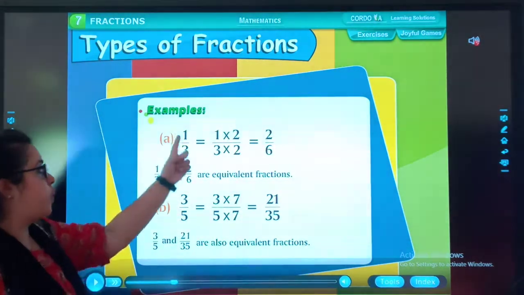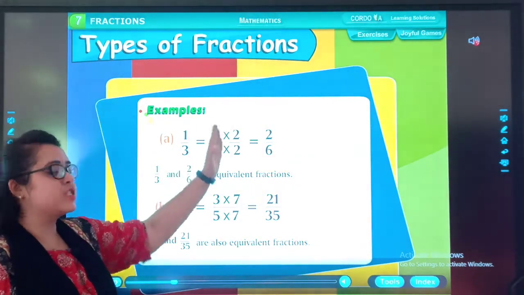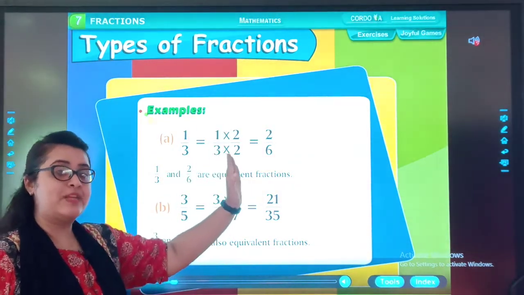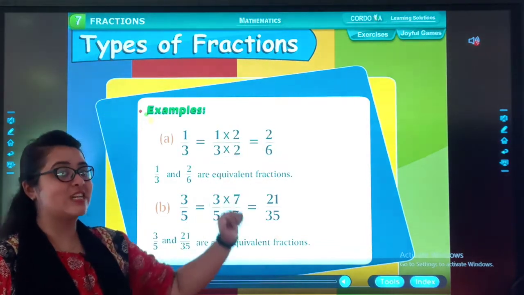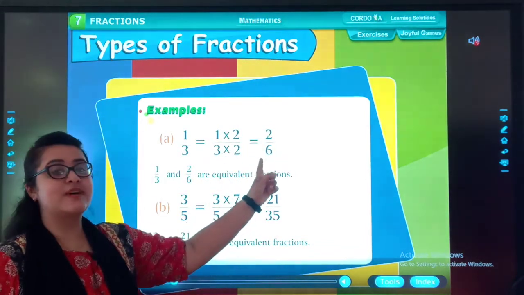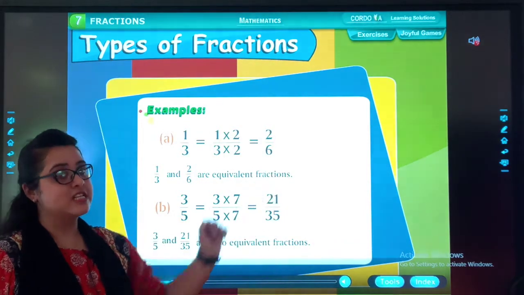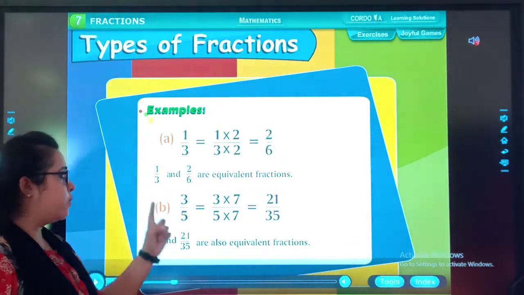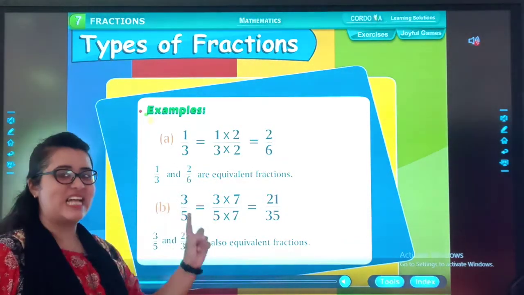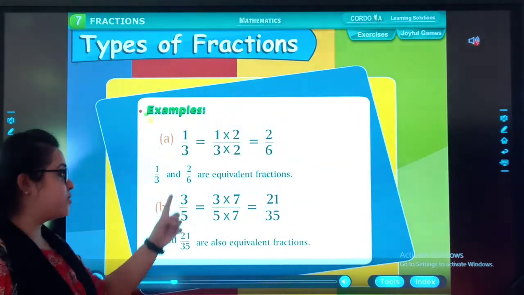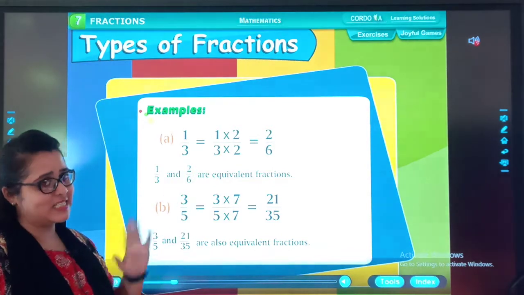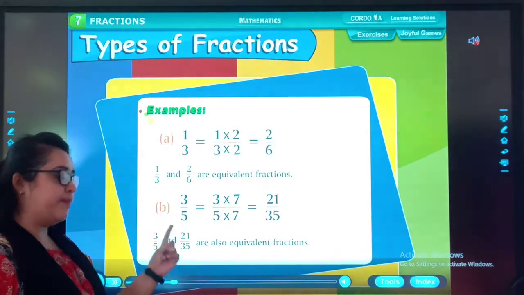In how? 1/3 को जब मैं 2 से ऊपर नीचे मल्टीप्लाई करती हूँ, that means when I multiply 2 with numerator as well as denominator, I will be getting my solution as 2/6. So I can say that 1/3 and 2/6 are equivalent fractions. Now it comes to the second part, or I can say the second question, that is 3/5.